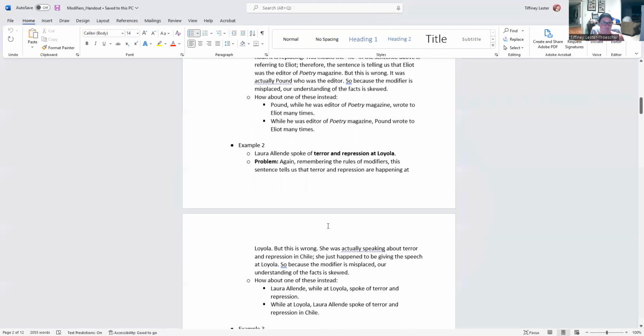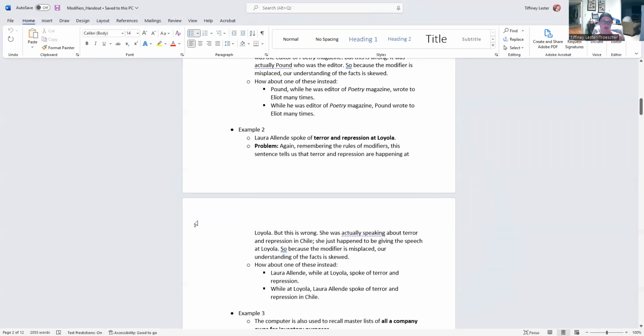Here's another example. Laura Allende spoke of terror and repression at Loyola. So again, remembering the rules of modifiers, the modifier should come closest to the thing it is modifying. This phrase right here, terror and repression at Loyola, it makes it sound like the terror and repression are happening at Loyola, right?